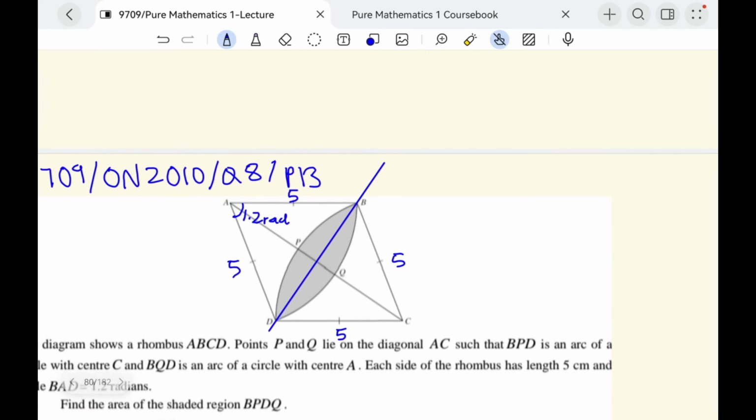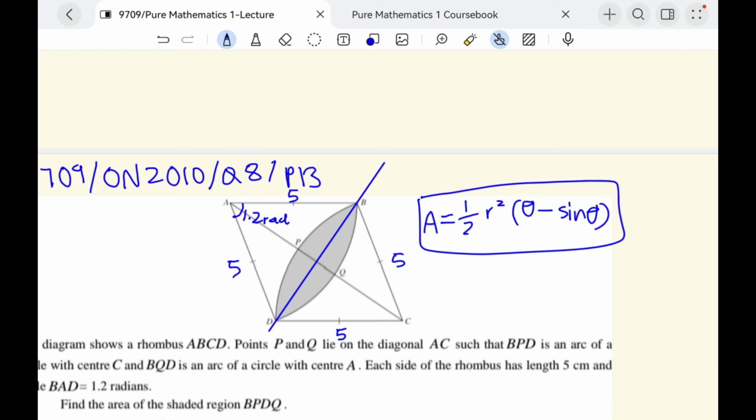To find the area of a segment, you may use the formula A equals half r squared (theta minus sine theta). This formula is derived from the area of the sector and the area of a triangle in terms of sine. For the derivation of this part, I will post it in shorts.